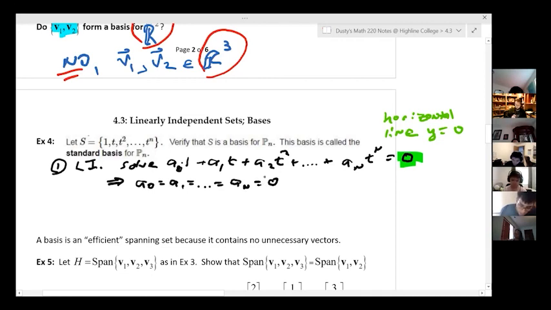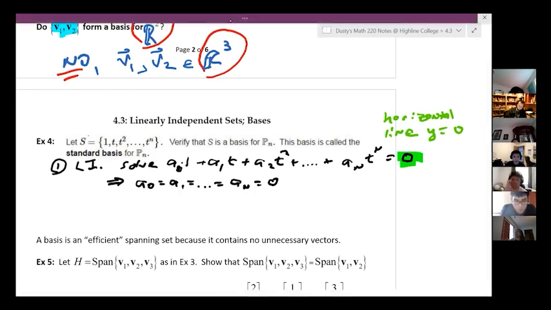So what does that tell you about 1, t, t squared, dot dot dot, t to the n? From Evan, this tells you that it's linearly independent. The reason is that you have only the trivial solution to the homogeneous equation, right? This equals 0 means you have the homogeneous equation. You only have the trivial solution, so it's linearly independent.